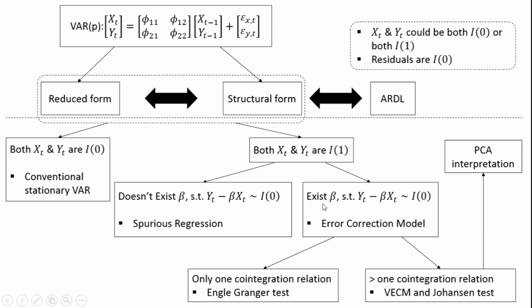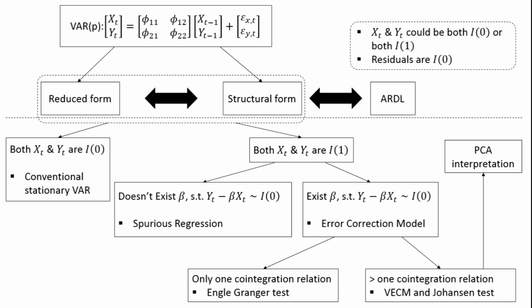So in the situation in which both variables are integrated of order 1 and there exists a beta so that YT minus beta XT is stationary, we need to express an error correction model.